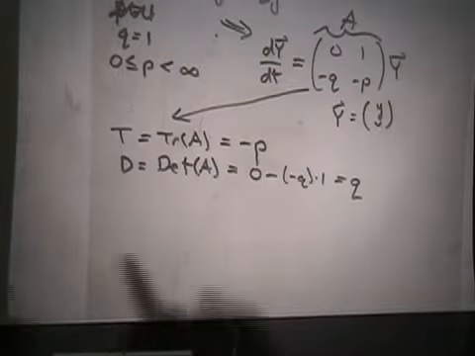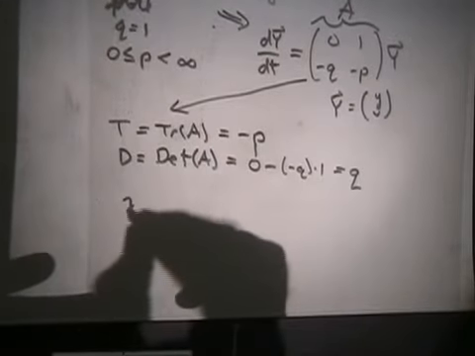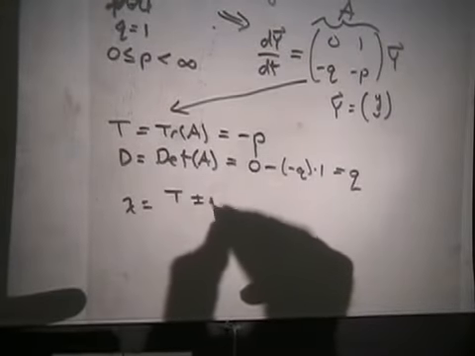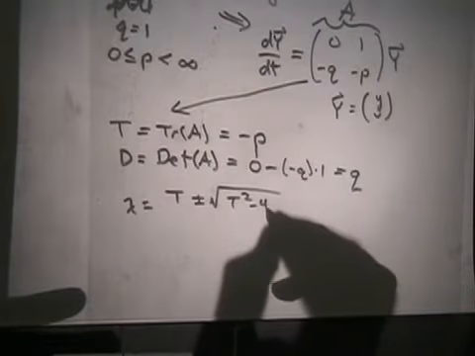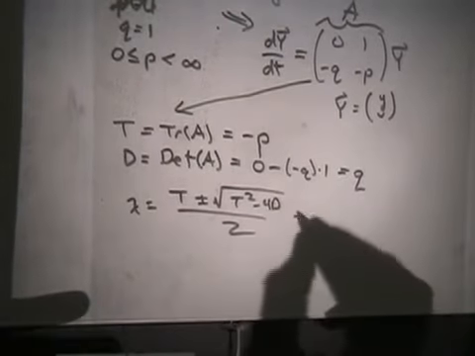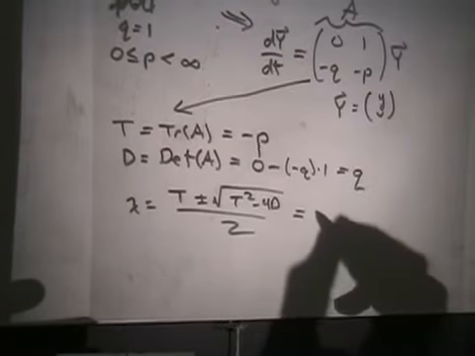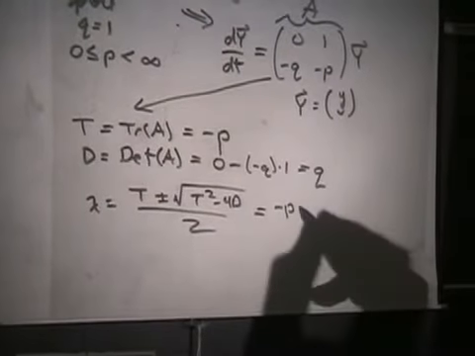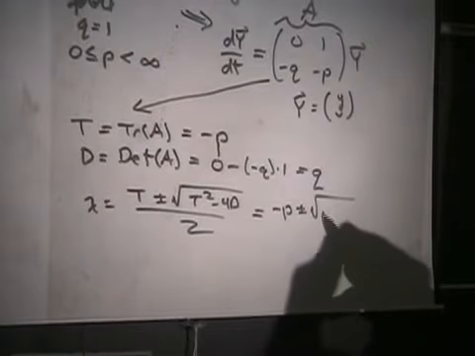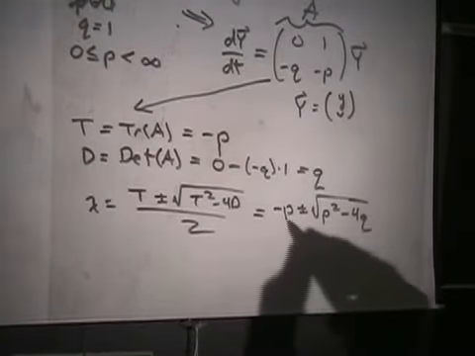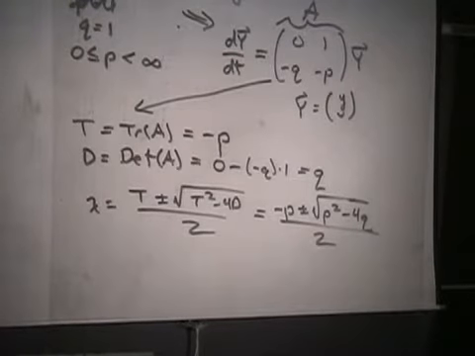From this, we could go to the quadratic formula. We could go to the shortcut formula for eigenvalues that looks like this. Plug in how the trace and determinant depend on p and q. The trace is negative p. Trace squared is going to be p squared. Minus 4d is going to be minus 4q, over 2.